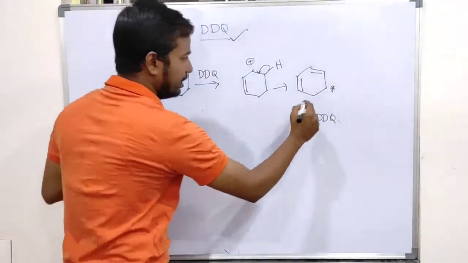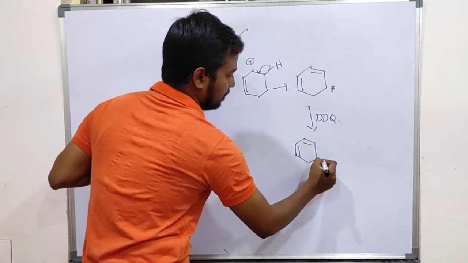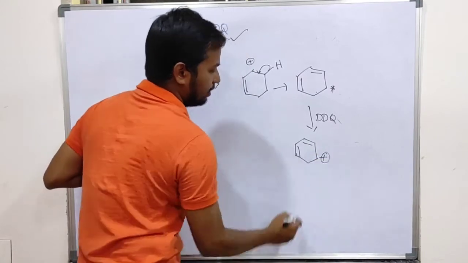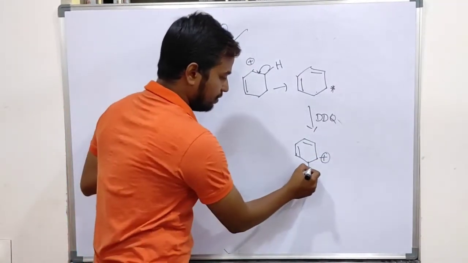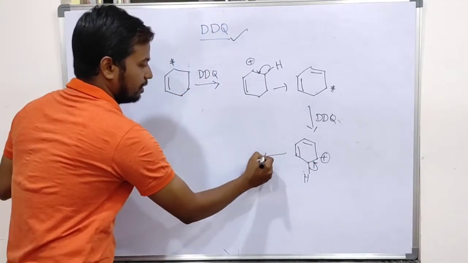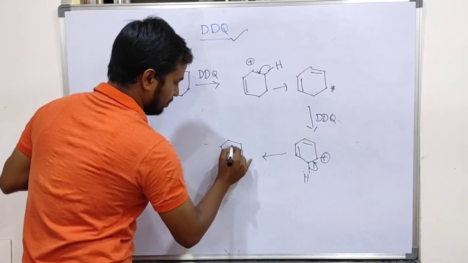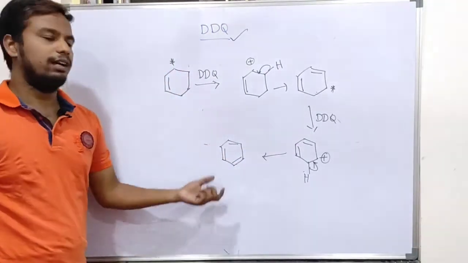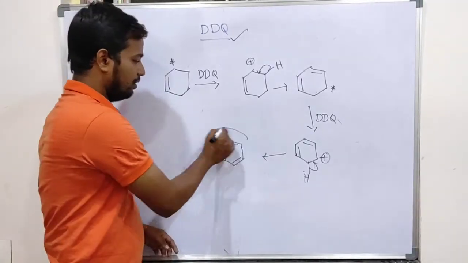A carbocation is generated there, a carbocation is generated here. See here, hydrogen will be present here, that C-H electrons shift here, resulting in the formation of benzene, an aromatic compound. Benzene is an aromatic compound, we all know.